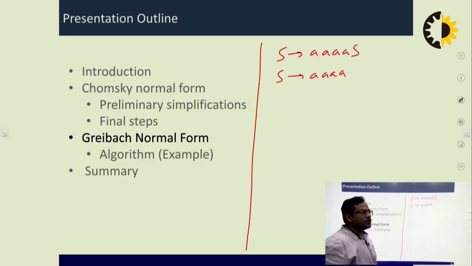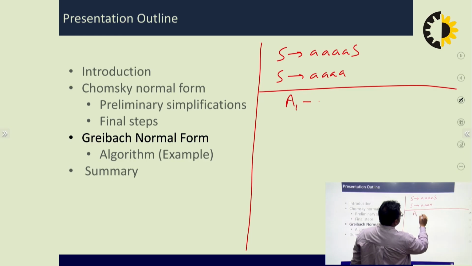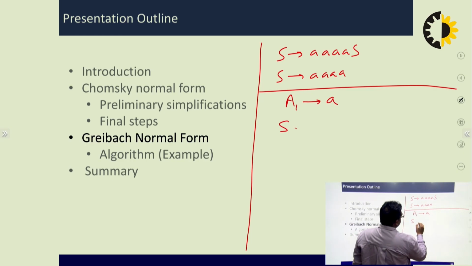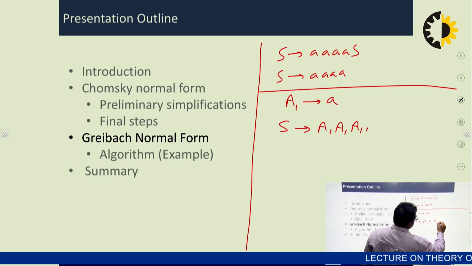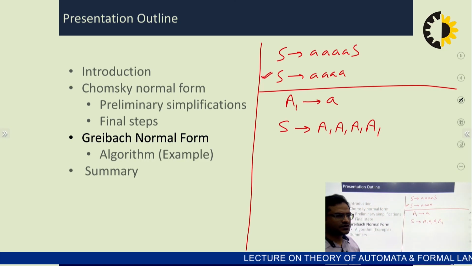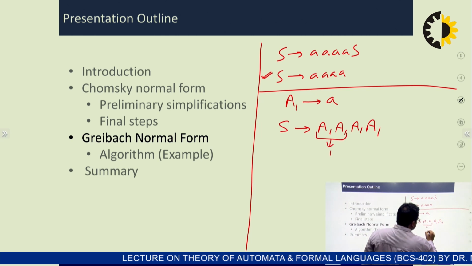So what do we have to do? We have to assume A1 tends to A, right? So we can just do S tends to A1, A1, A1, A1. I am solving the second one. So this is basically the production update. Now what do we have to do? We can just assume this one is A2.